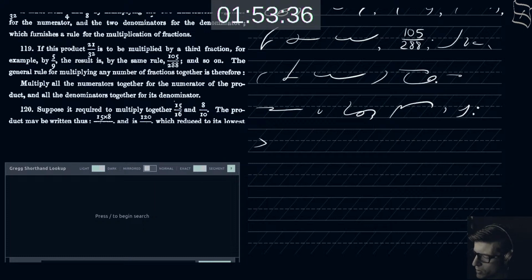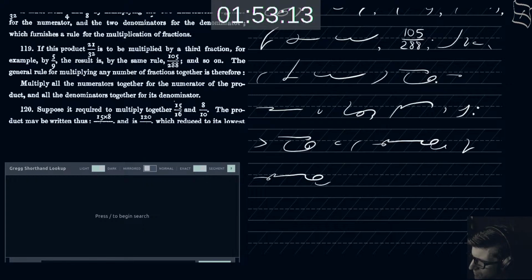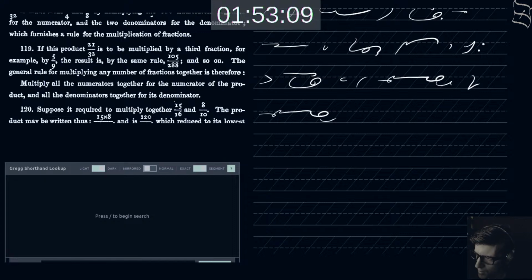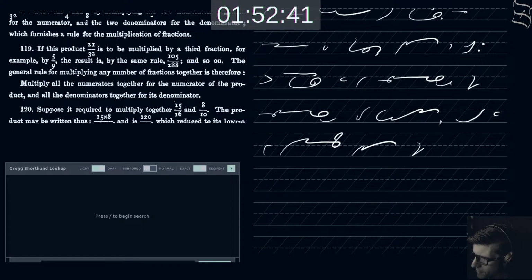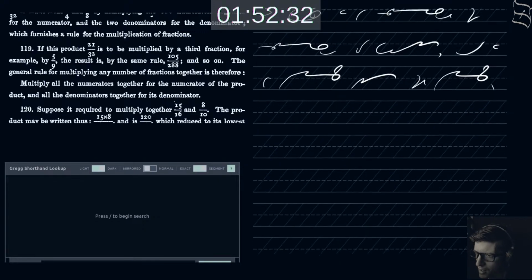Multiply all the numerators together for the numerator of the product, and all the denominators together for its denominator. Next paragraph.